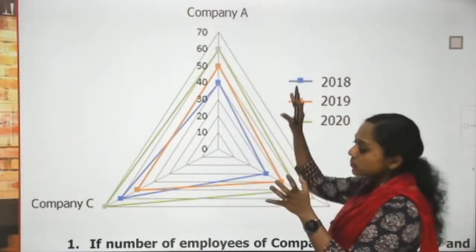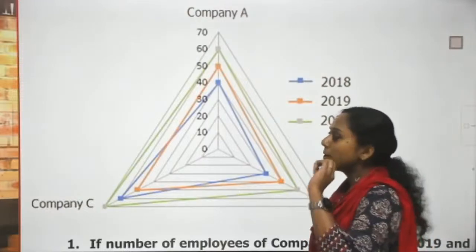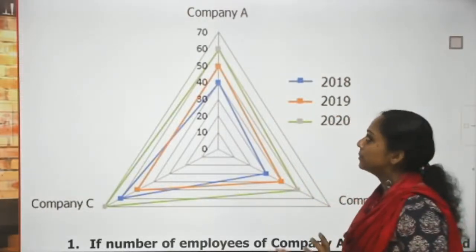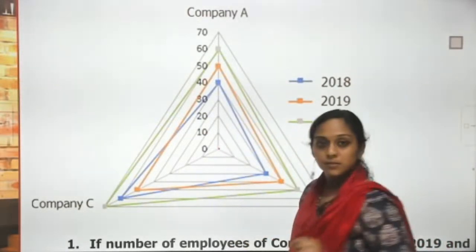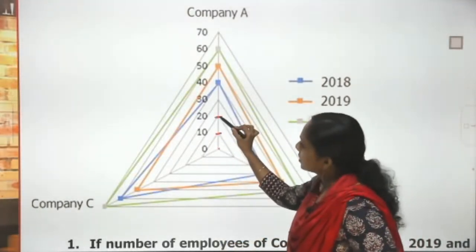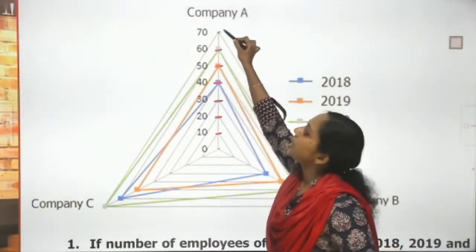Also it was given that this graph represents the percentage of males in that company. Here the middle portion is 0. This is 10%, this is 20%, 30, 40, 50, 60 and 70.